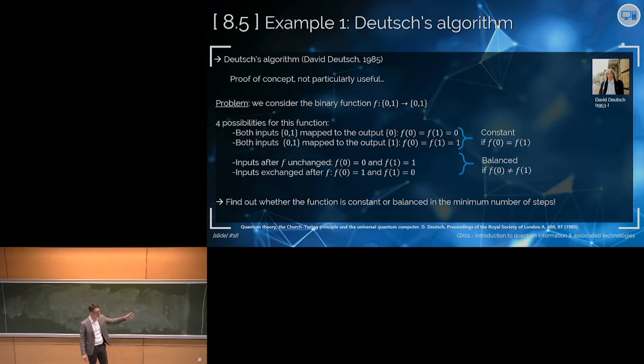And in this article, on top of showing that, he took an example, sometimes called Deutsch's problem, and he showed, which I'm about to do, that a simple quantum algorithm can process this problem faster, in fewer steps, than the classical equivalent.